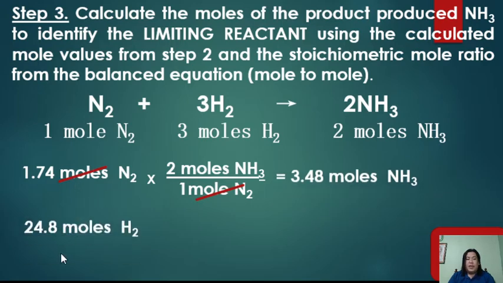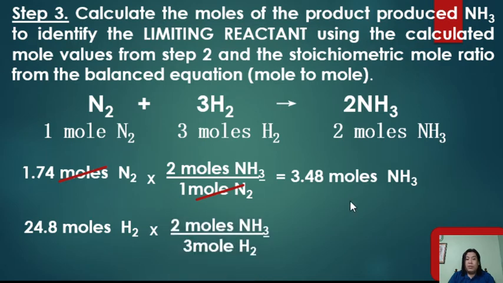And then followed by the hydrogen gas, which is 24.8 moles of hydrogen gas multiplied by the stoichiometric mole ratio from the balanced equation, which is for every 3 moles of hydrogen gas, there are 2 moles of ammonia produced. Then cancel the unit mole hydrogen gas, and you will get 16.5 moles of ammonia.